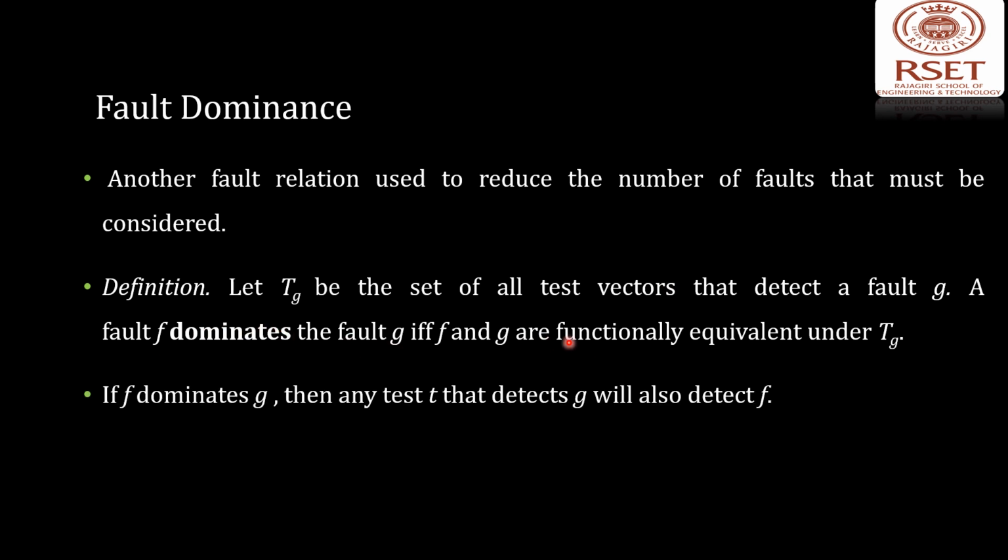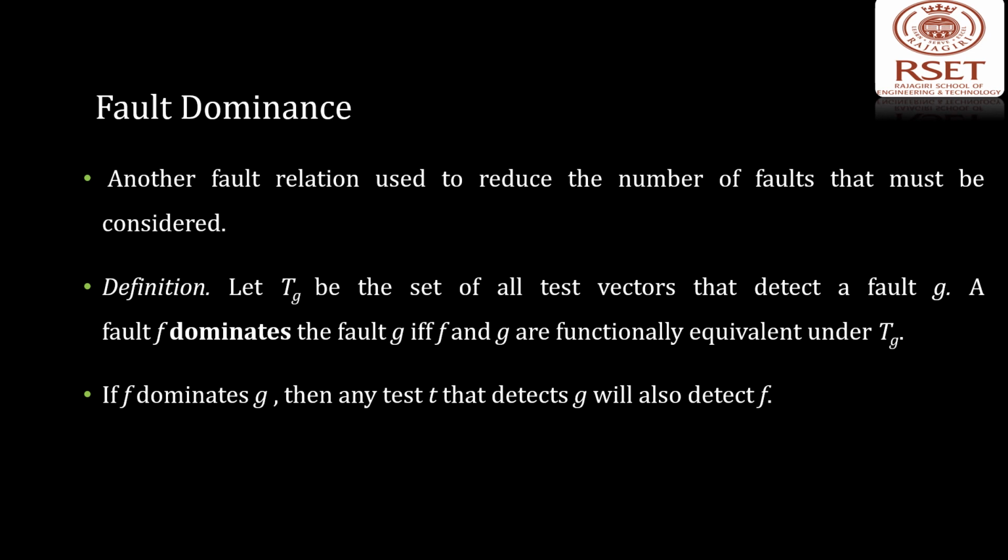Now, what does that mean? If F dominates G, then any test that detects G will also detect F. Therefore, for fault detection, it is unnecessary to consider the dominating fault F, since by deriving a test for G, we automatically obtain a test that detects F as well, right?